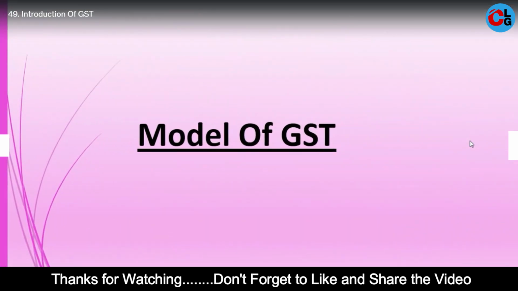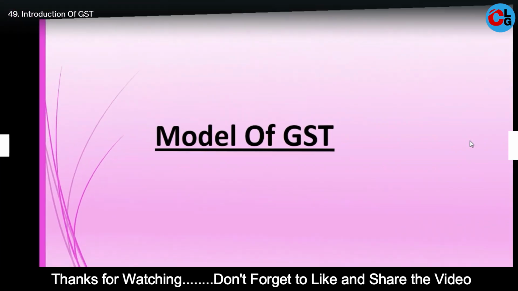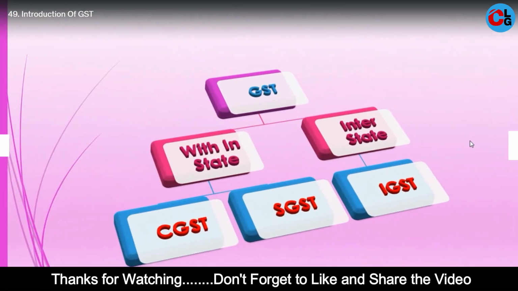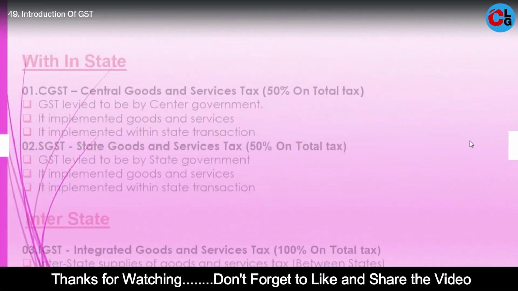Now we are going to look at the models of GST. GST is divided based on the location of the transaction. If the transaction happens within a state, CGST and SGST will be implemented. If the transaction happens interstate, or between states, IGST will be implemented. Now we will look at the details.